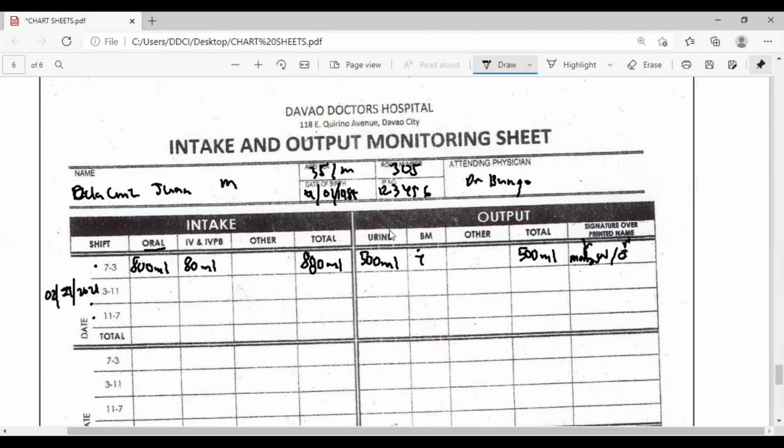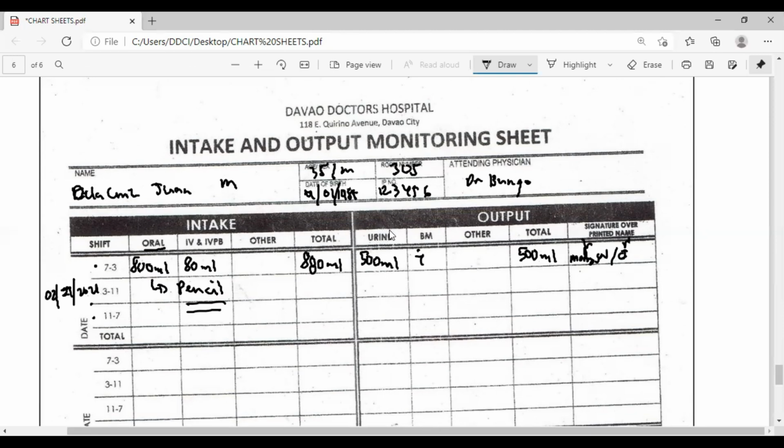If you are still starting and not yet confident of your intake and output skills, make sure that before you write this down in ball pen, you start with writing it in pencil, so that if there are any erasures, you can still erase, because you are not allowed to make errors with your pen. As we know, the patient's chart is a legal document, so we have to make sure that there are no erasures in the chart of the patient.